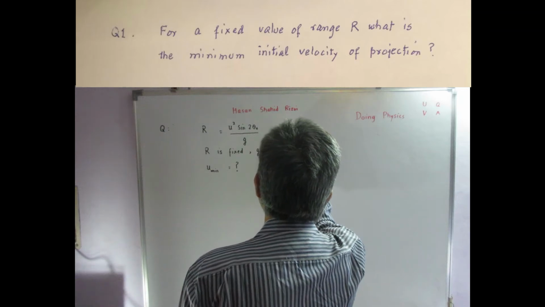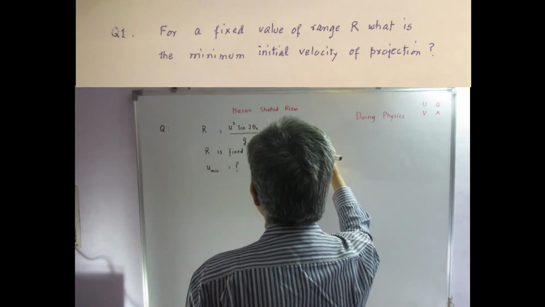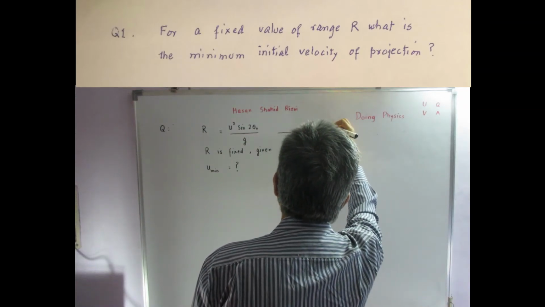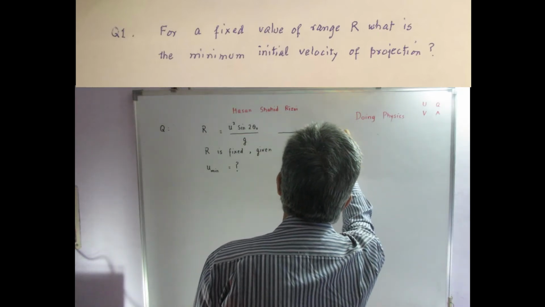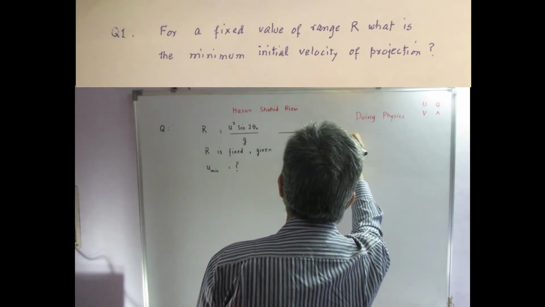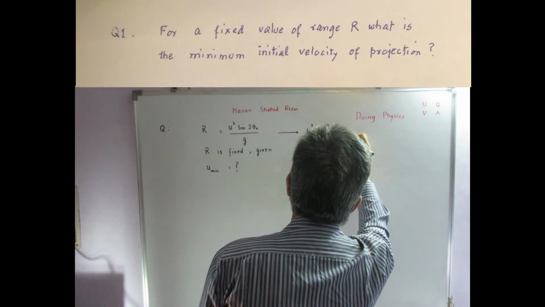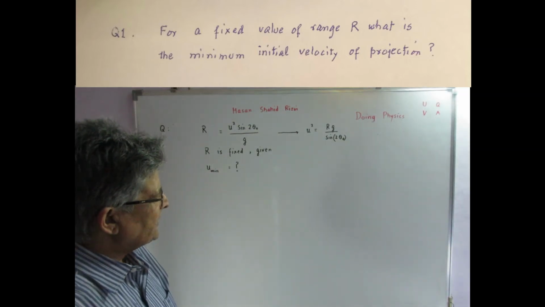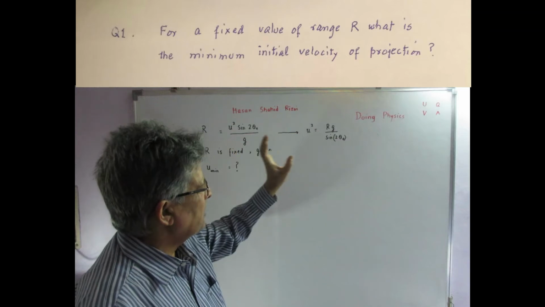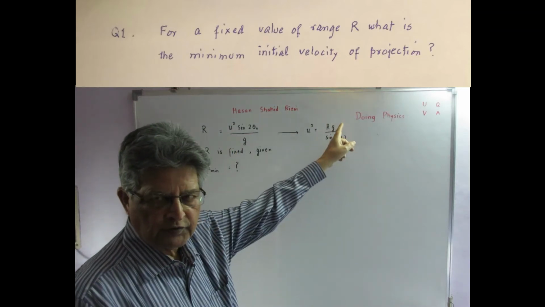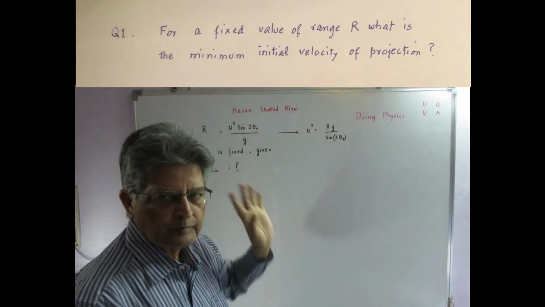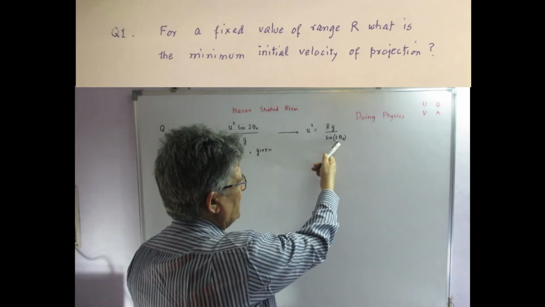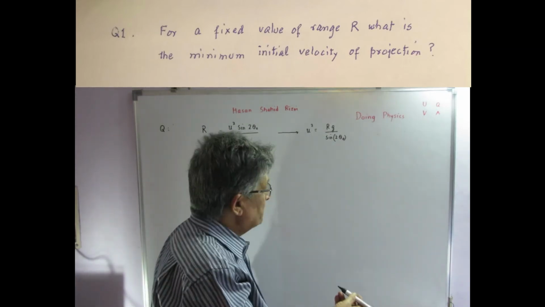From this relation, I will obtain that u square is equal to Rg upon sine 2 theta naught. Now, in order that this result be minimum, R is fixed, g is fixed, so only this sine term is changing. If this is maximum, then u is minimum. It's a very simple argument.